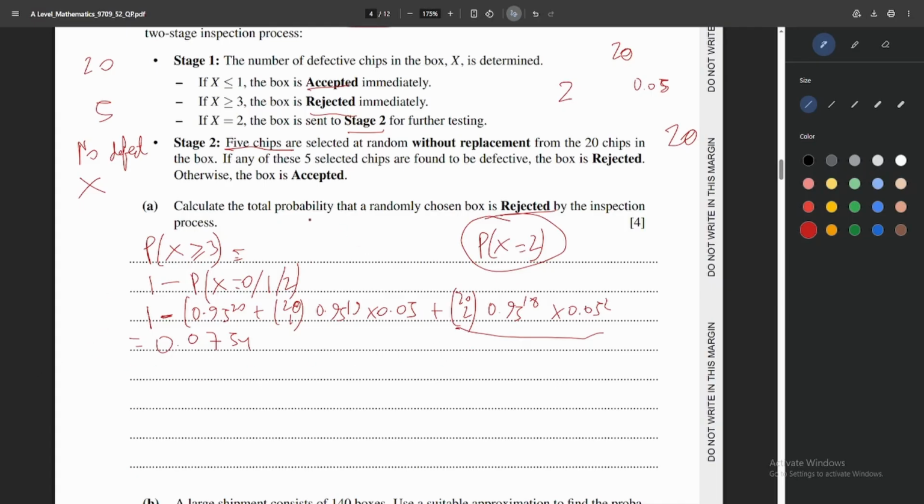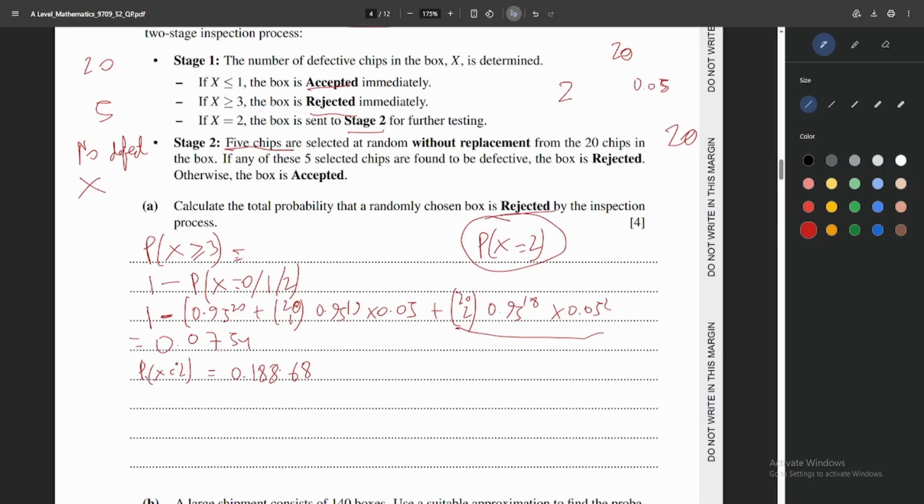Let me write it here again: P of x equals 2 is 0.1887, rounded.